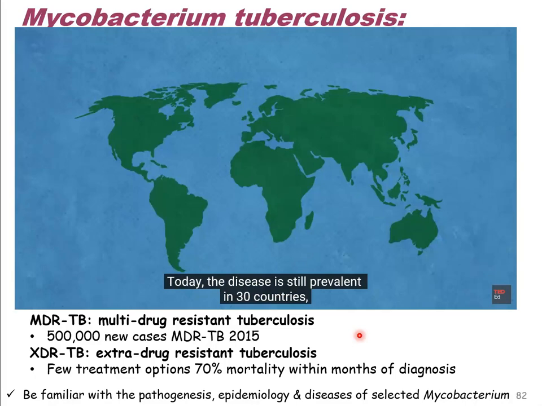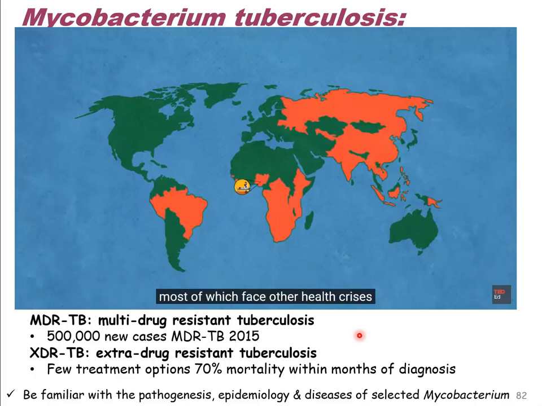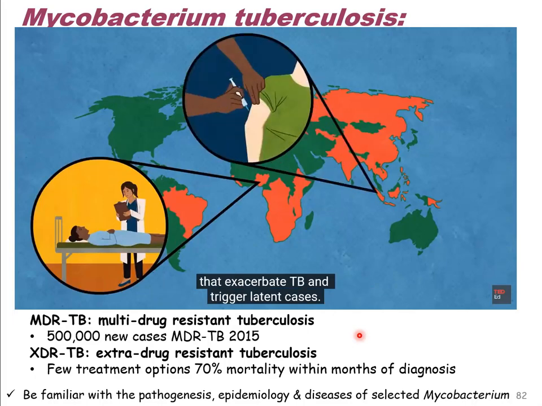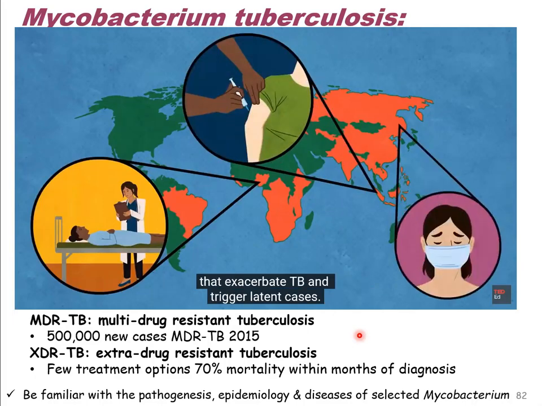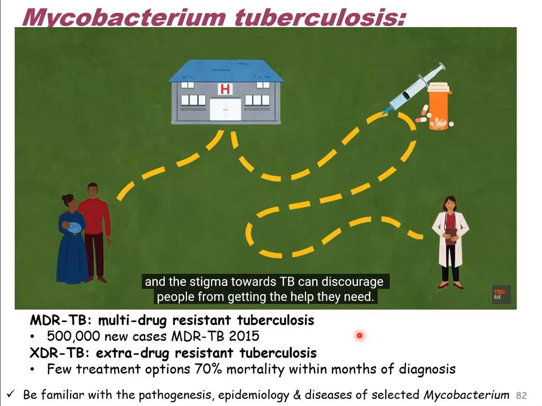Today, the disease is still prevalent in 30 countries, most of which face other health crises that exacerbate TB and trigger latent cases. Worse still, accessing treatment can be difficult in many of these countries, and the stigma towards TB can discourage people from getting the help they need.